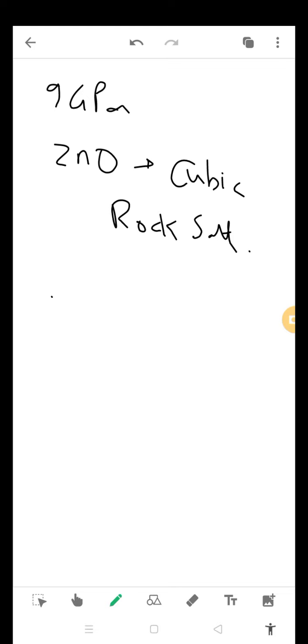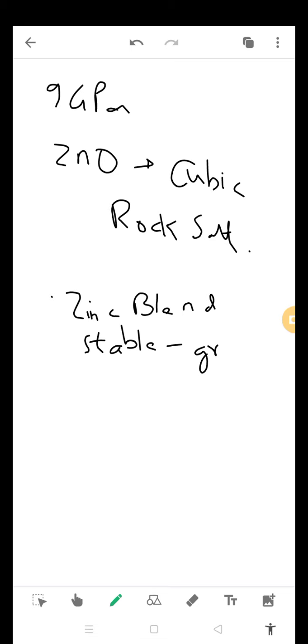And there is information that the zinc blende structure is also stable, retains its stability when it is grown on a cubic substrate. So the nature of the substrate also has an important role to play in determining the structure of the zinc oxide.